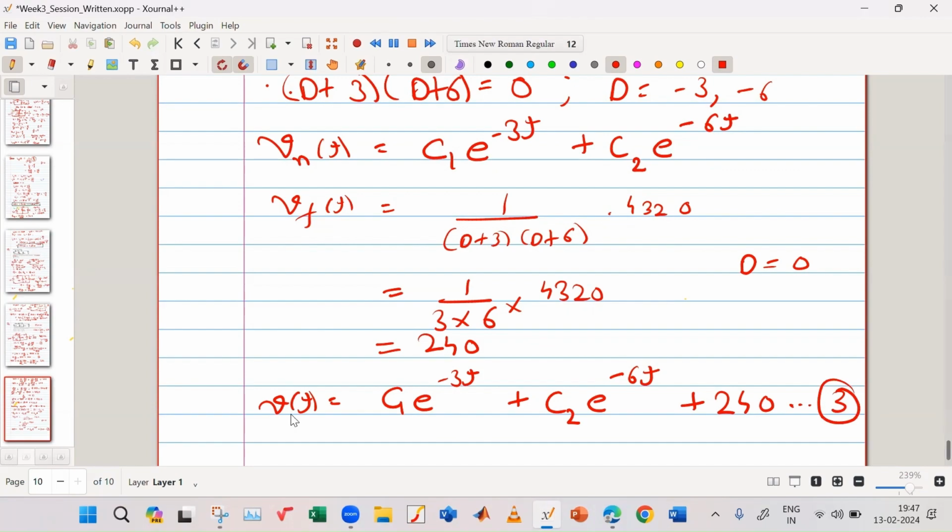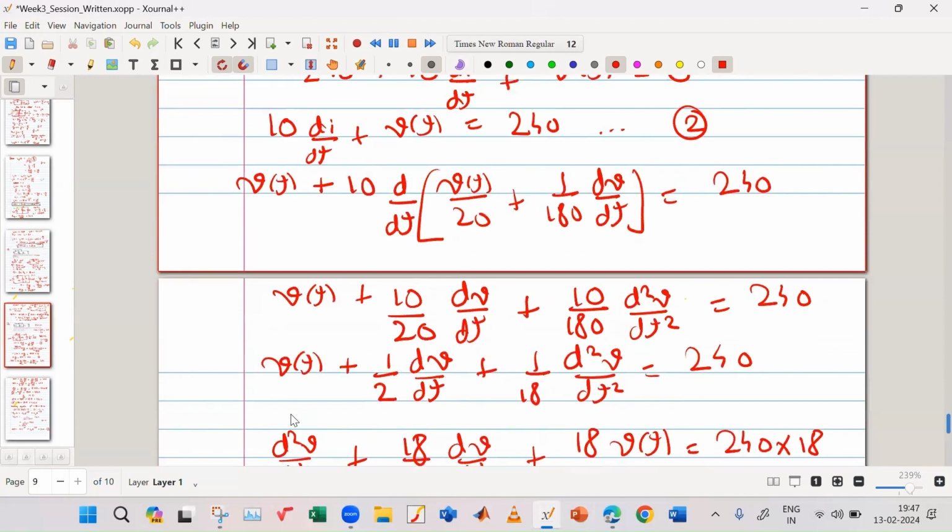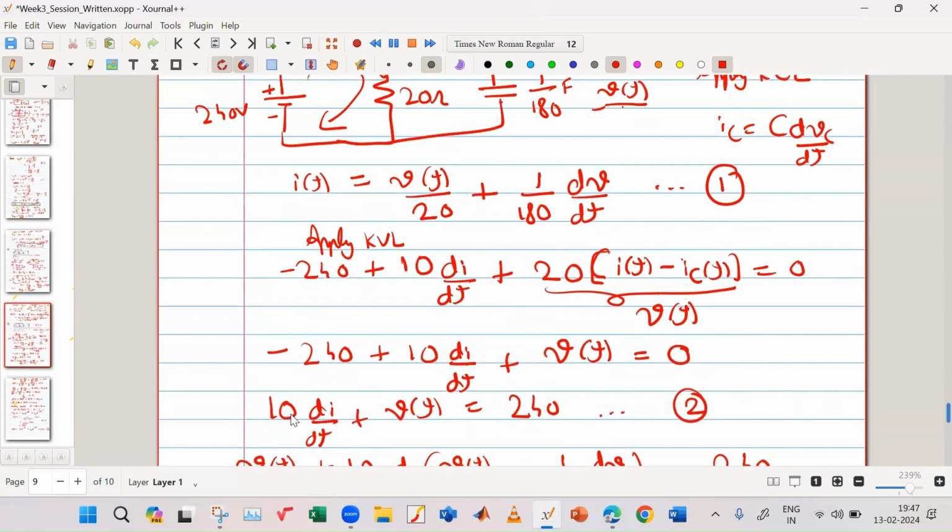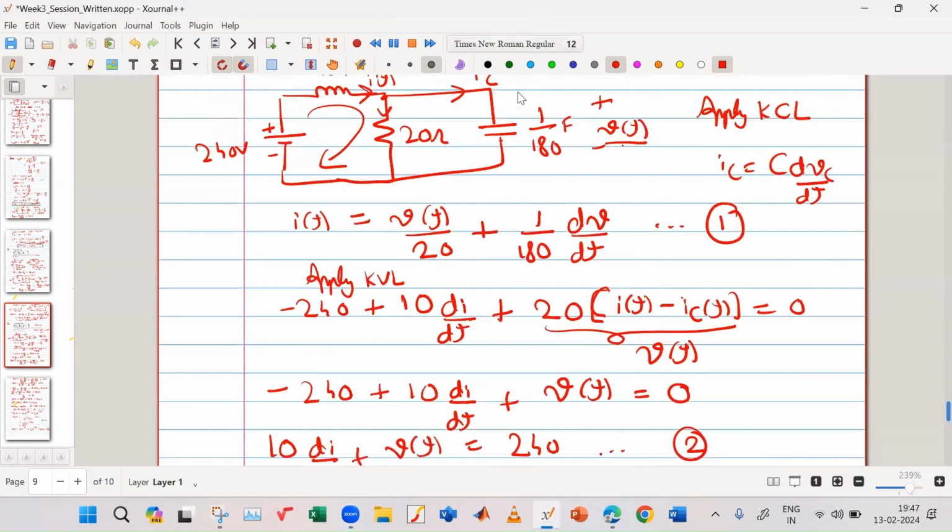Now I know from equation 1, my I of t is V of t by 20 plus 1 by 180 into dV by dt. So I will apply it.